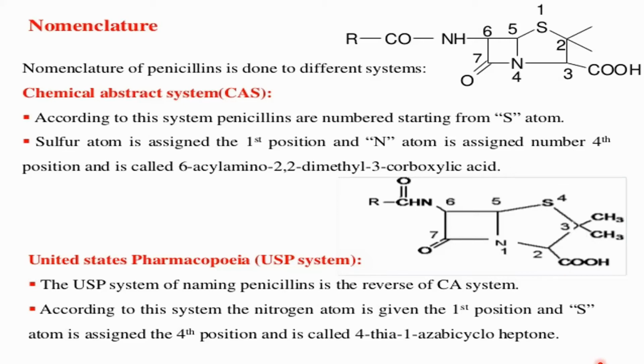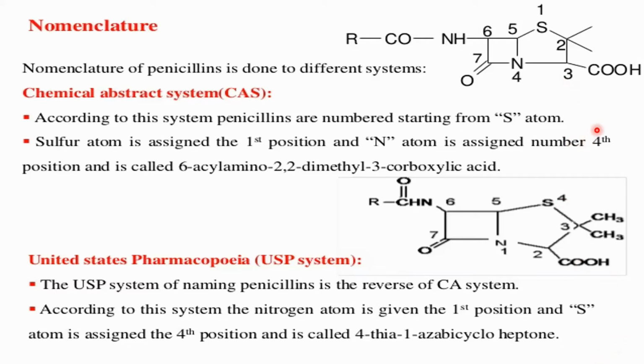Now next, the United States Pharmacopoeia system is generally the reverse of the chemical abstract system. Here the nitrogen gets the first position. So here you can see the N gets the first numbering, carboxylic the second, and dimethyl the third, and the sulfur atom gets the fourth position.